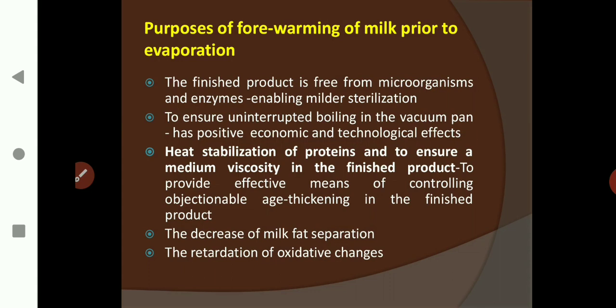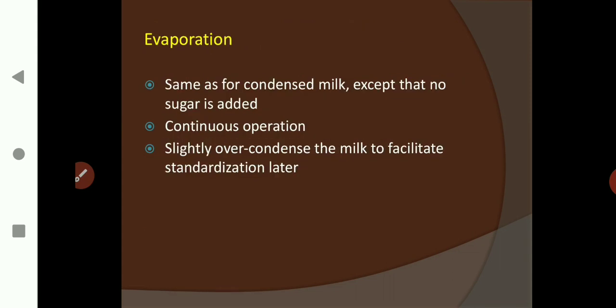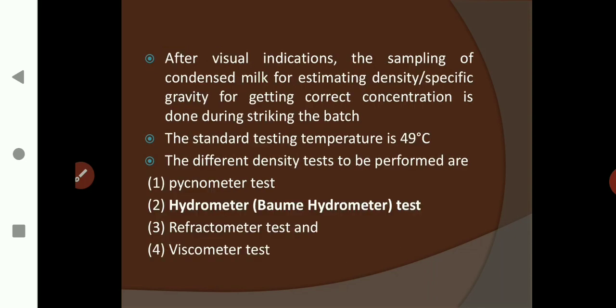It is to kill the microorganisms and inactivate the enzymes, and to ensure uninterrupted restricted boiling in the vacuum pan, and heat stabilization of proteins. These are the purposes. Now comes evaporation or concentration. And mostly we are using multi-stage evaporators, and sometimes the density is checked.